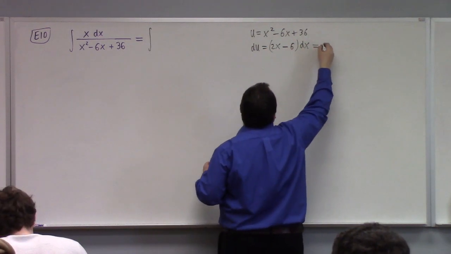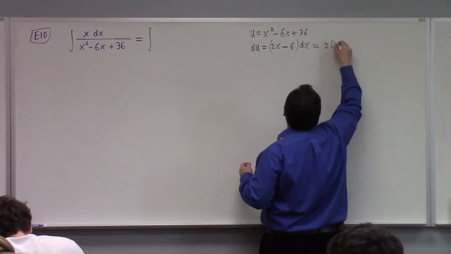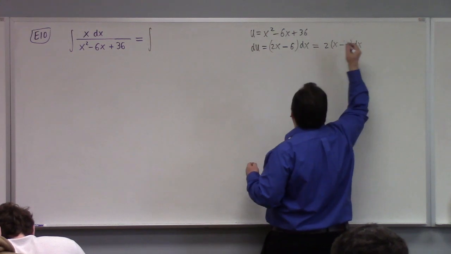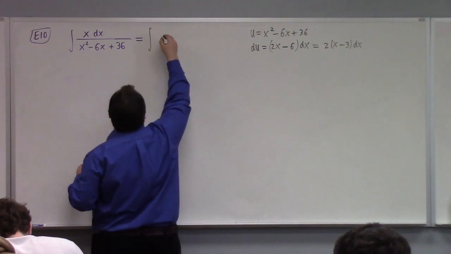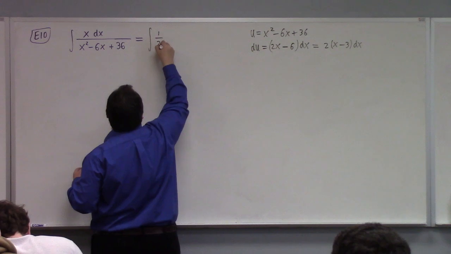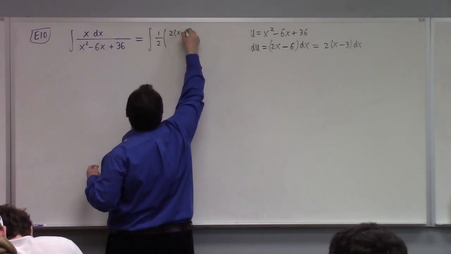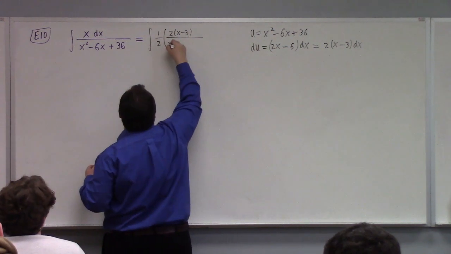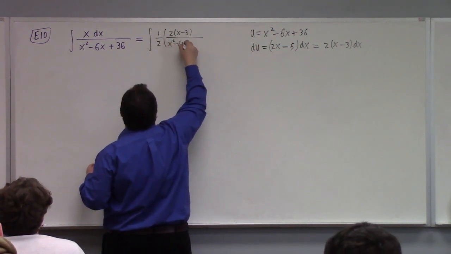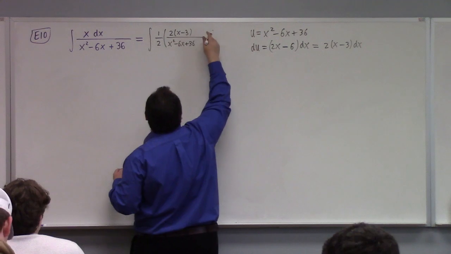All right, fine. I'll allow it. 2 times x minus 3 dx, great. So, I mean, this is 1/2, parentheses 2 times x minus 3 divided by x squared minus 6x plus 36.